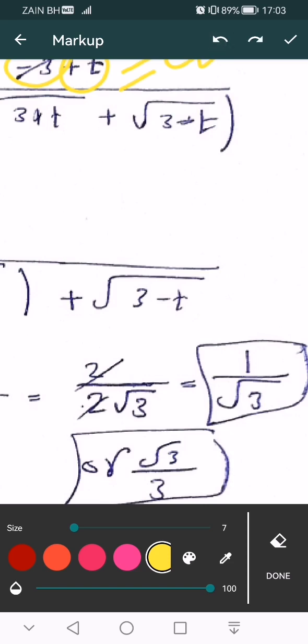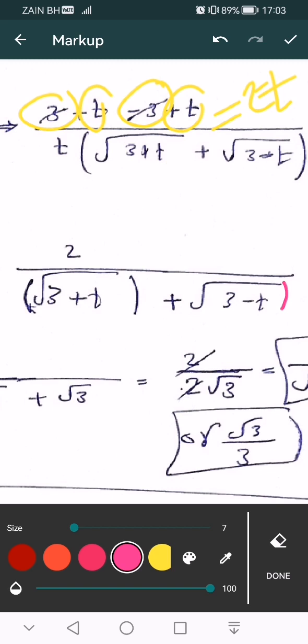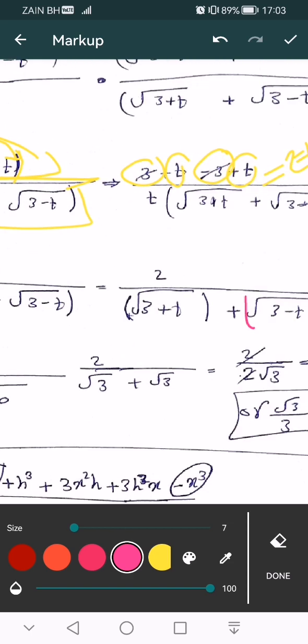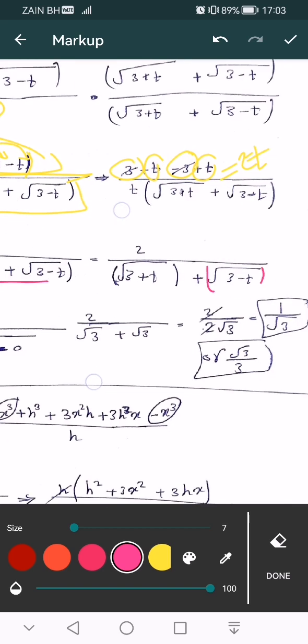The remaining will be 2 over square root of 3 plus 2 plus square root of 3 plus 2. The same. I put it in the double bracket. If you use this one, it's correct, and if you write it the same way as this, it's correct.